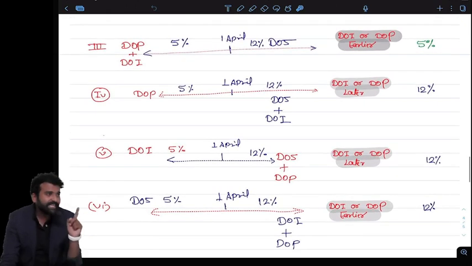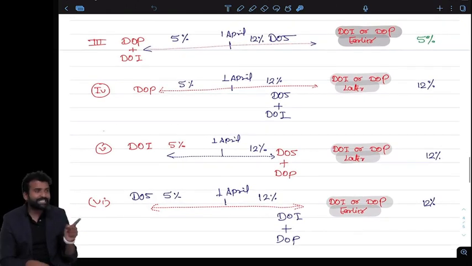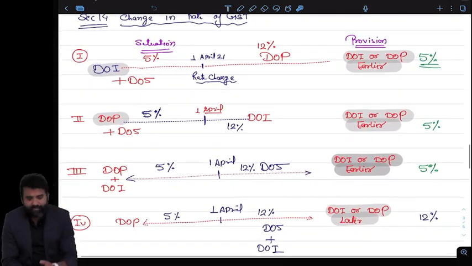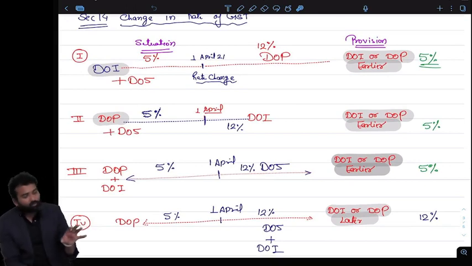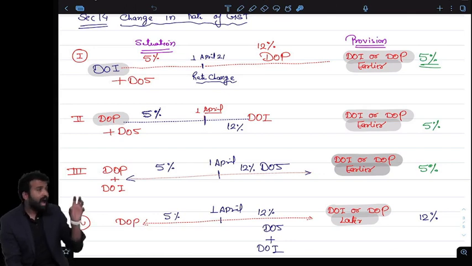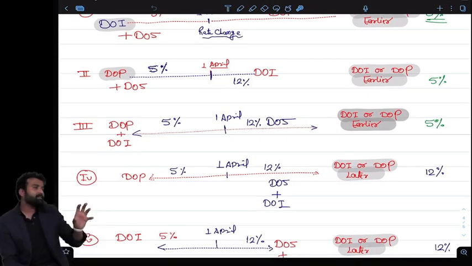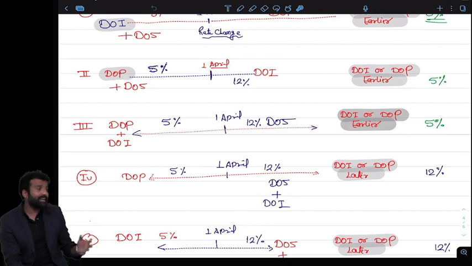In the two cases it is DOI or DOP, whichever is later. This is the principle for us to decide the weight. According to the provision, in the first case it is DOI or DOP earlier, and in the fourth case DOI or DOP later. I am making it easy, because if I explain DOI or DOP earlier, there is no logic.